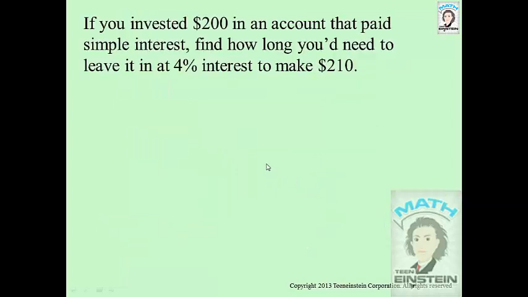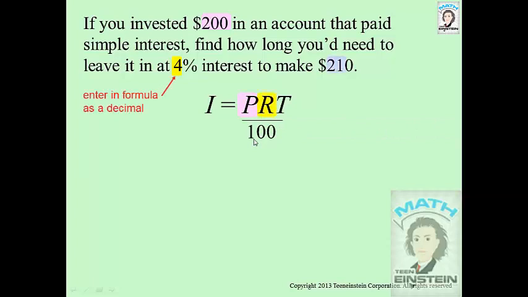For example, if you invested $200 in an account that paid simple interest, find how long you would need to leave it in the bank or some financial institution at the rate of 4% interest to make it $210. Here we know P is 200, the rate of interest is 0.04, the interest received is 210 minus 200, which is $10.